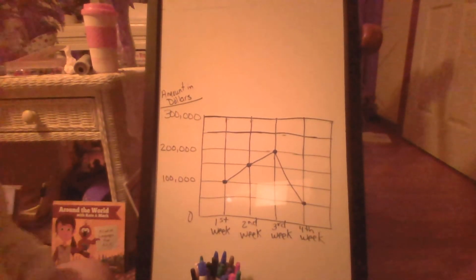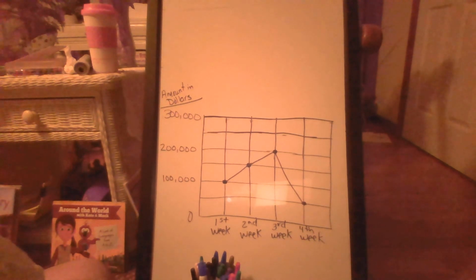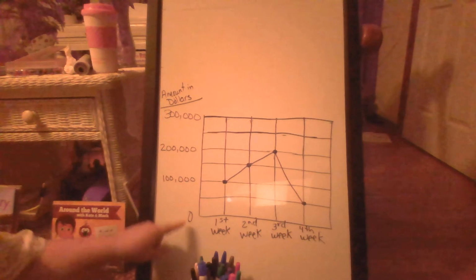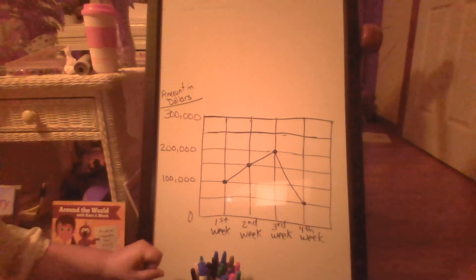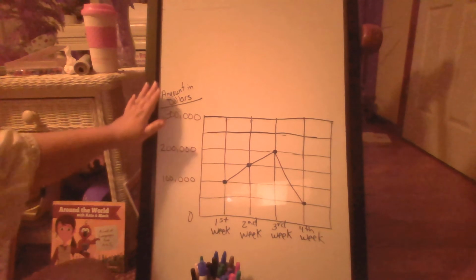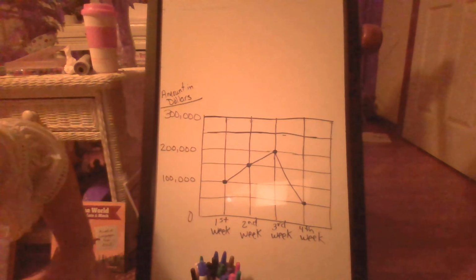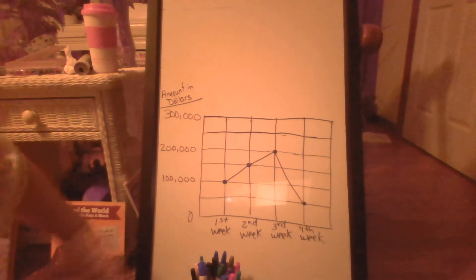All right, this line graph shows the weekly sales of furniture made by a company during a 4-week trade fair. So you have to use the graph to answer the questions. Now let's look what they're counting by. I have a 0 and a line, and then the next line is 100,000. And we're talking about amount in dollars, so we're talking big bucks, right?